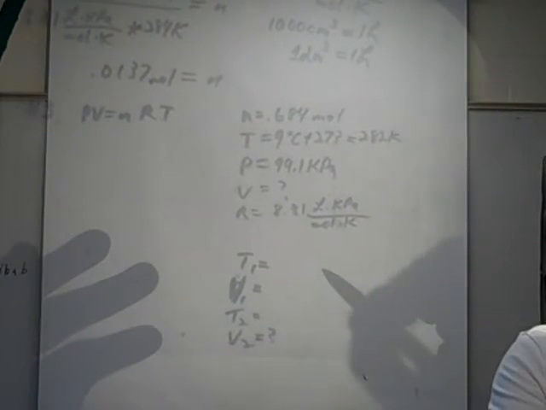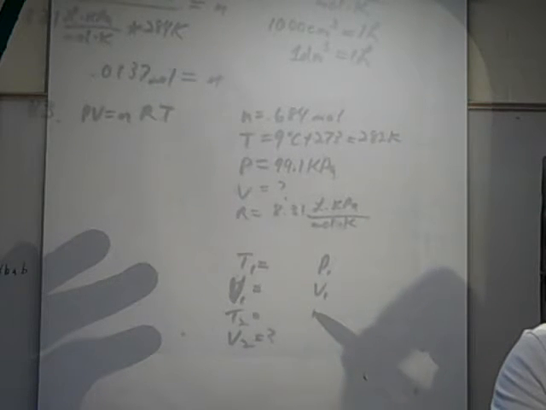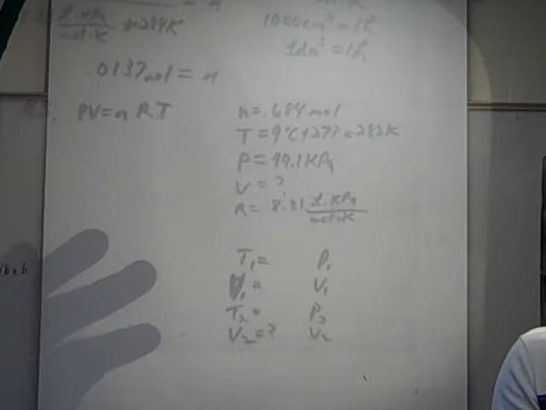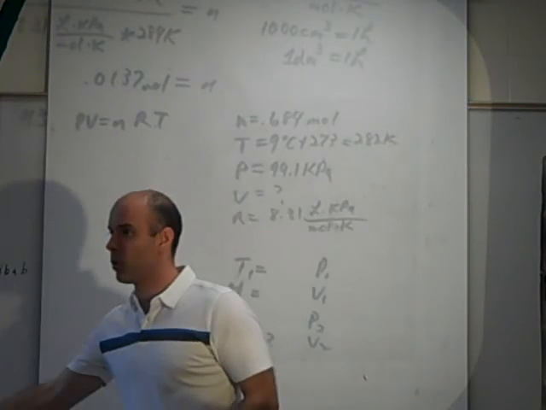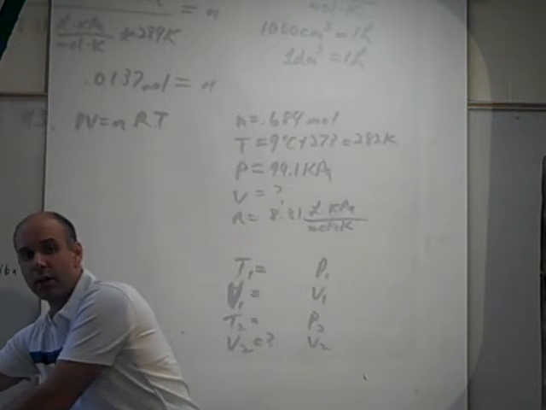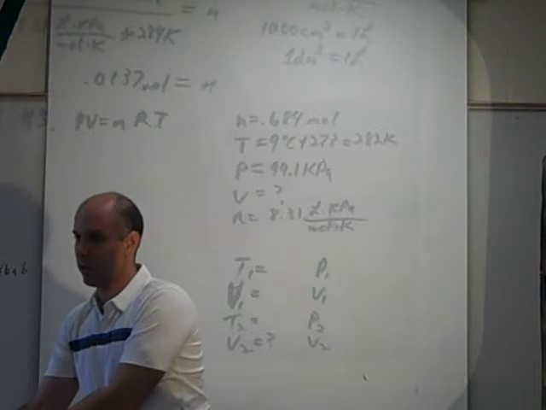If you see this, then you're going to use Boyle's. So by writing out the information, it helps you pick the equation. When people say they don't know where to start, writing down the information will help.